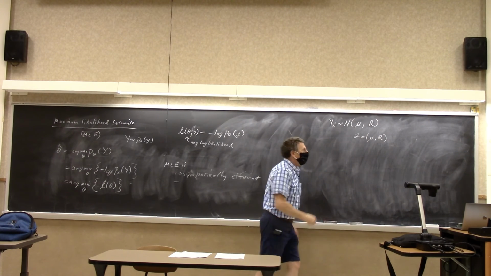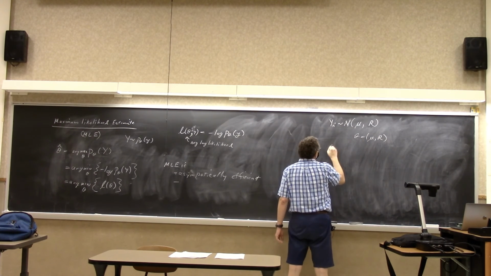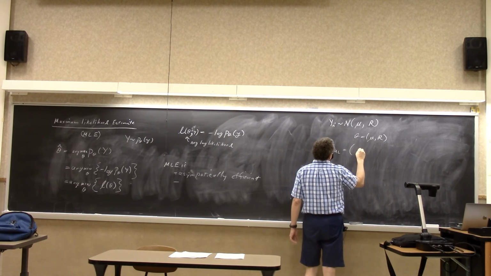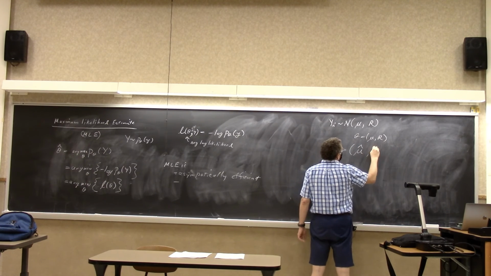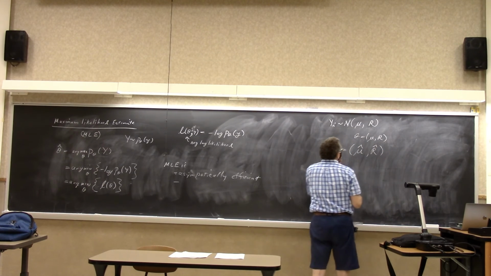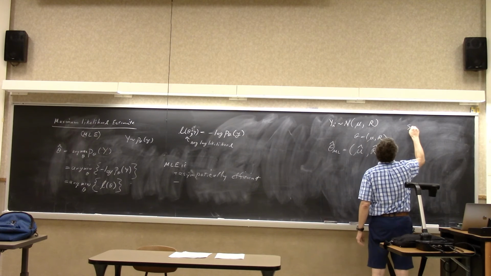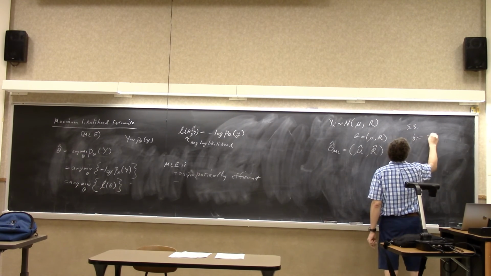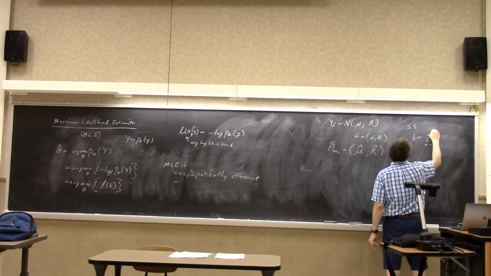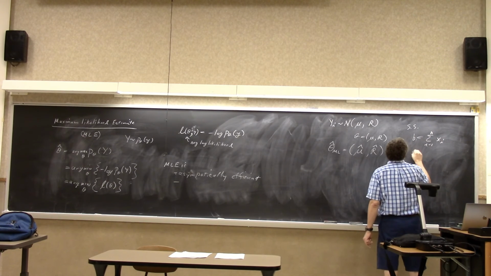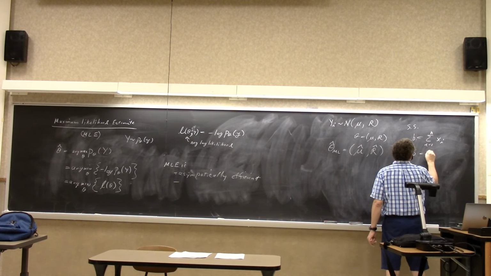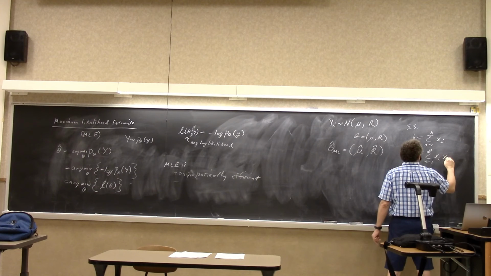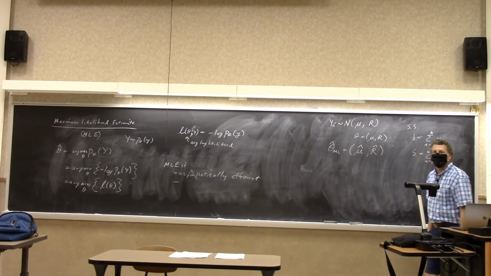Then the ML estimate turns out to be equal to mu hat, r hat, where the sufficient statistics for this distribution, as we've talked about already, are b equal to the sum from i equals 1 to n of xi, and s equal to the sum from i equals 1 to n of xi times xi transpose, right?